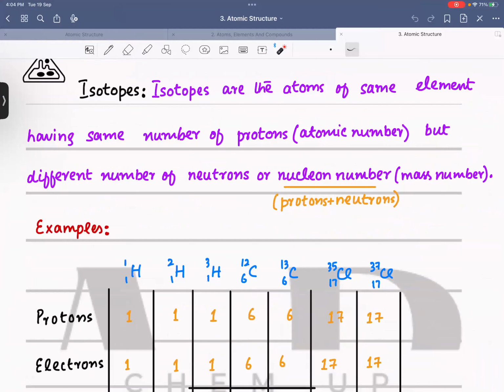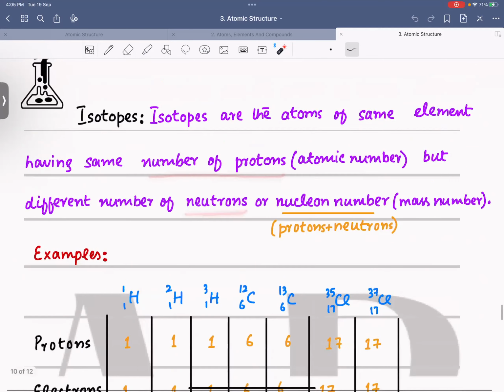When we talk about isotopes, isotopes are basically the atoms which belong to the same element, but we call them isotopes because they have a difference in the subatomic particles. Isotopes have an equal number of protons, but a different number of neutrons. If there are two atoms which have different neutrons and the same number of protons, then they are considered isotopes.